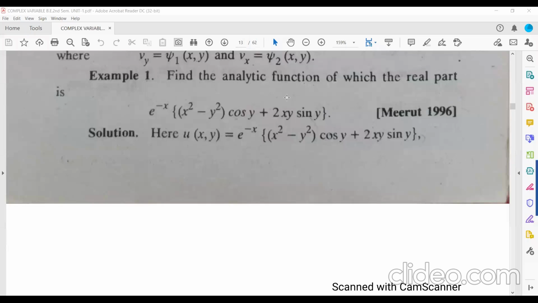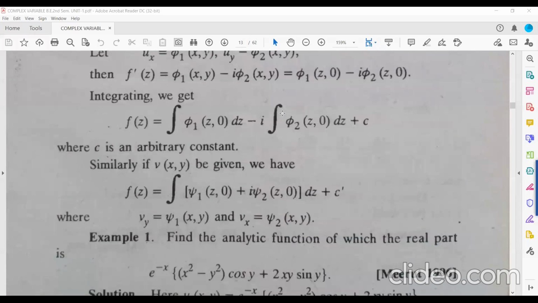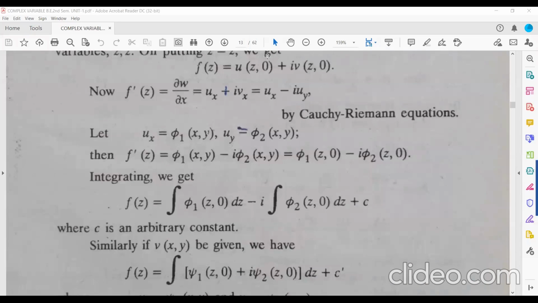To find the analytic function, in the formula, what you need to do is consider u_x equal to phi 1 of x, y, and u_y equal to phi 2 of x, y.